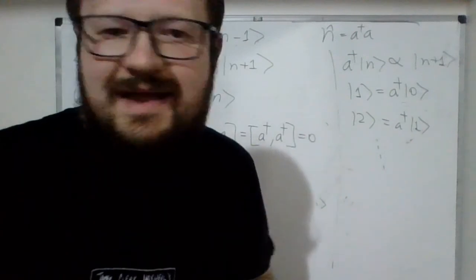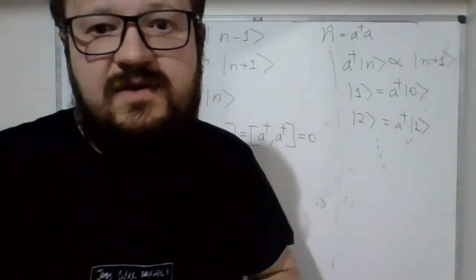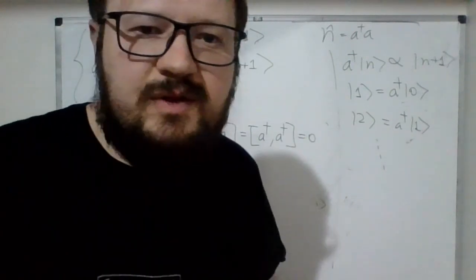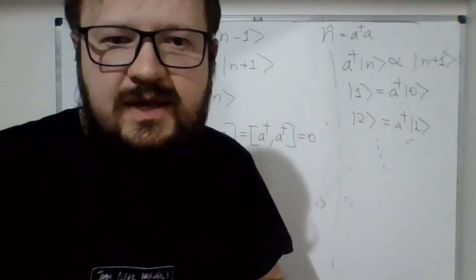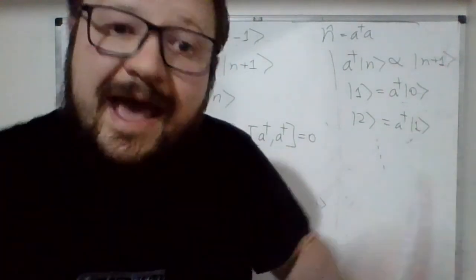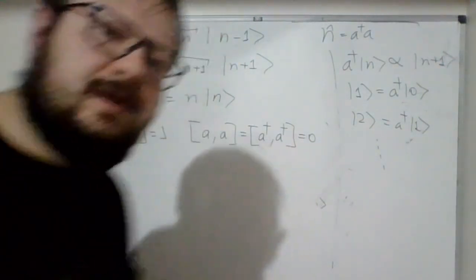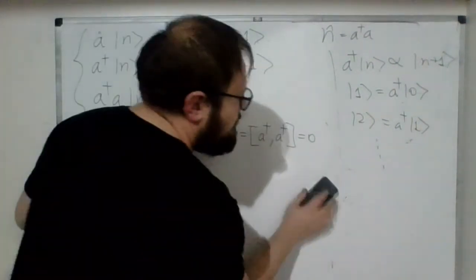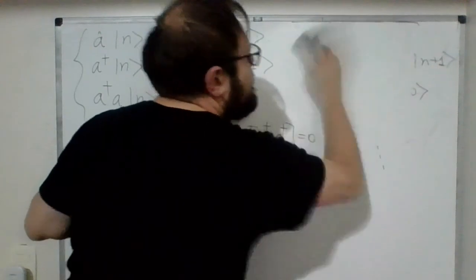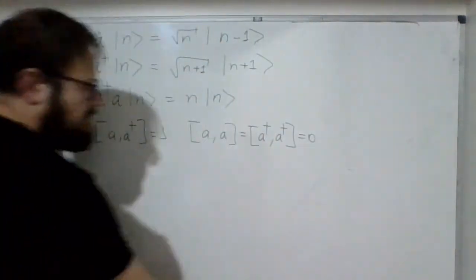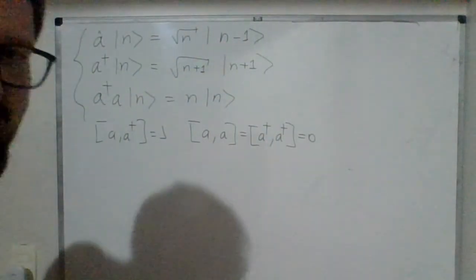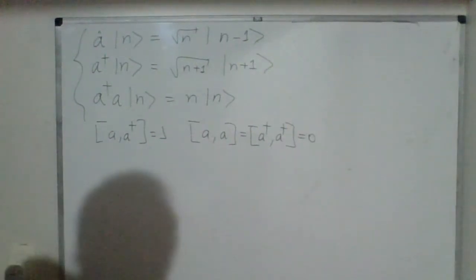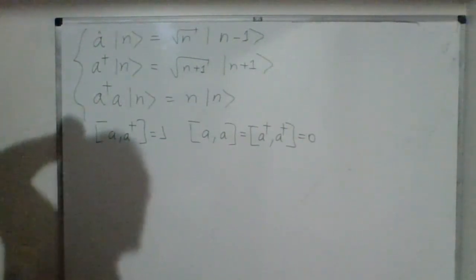When trying to quantize fields, we need these operators, but the origin, we can see, has roots in the harmonic oscillator, all right? That's a very fundamental problem in quantum mechanics. These operator methods were introduced by Dirac, all right?